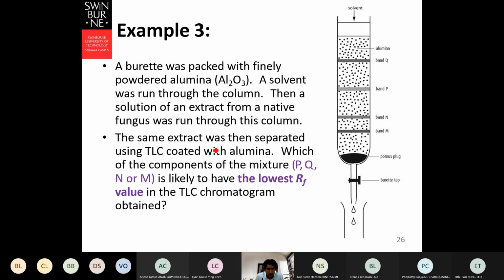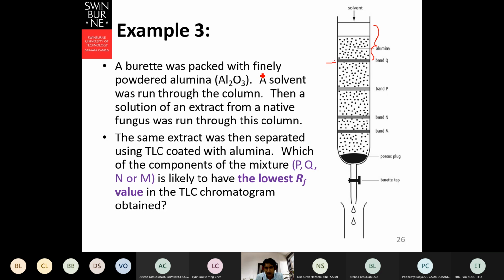Okay, so from this position, we see which of the components of the mixture P, Q, N and M. There are 4 bands.